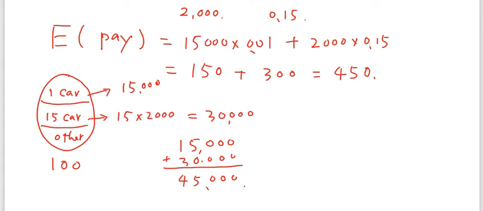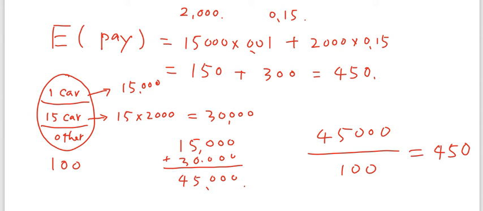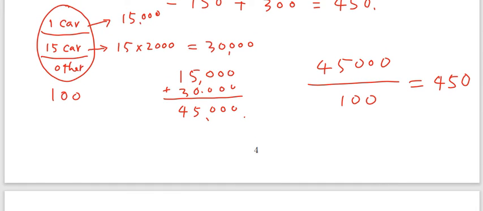Right? So on average, divided by 100 cars, for each car they need to pay so much. So this is their minimum premium. Okay.